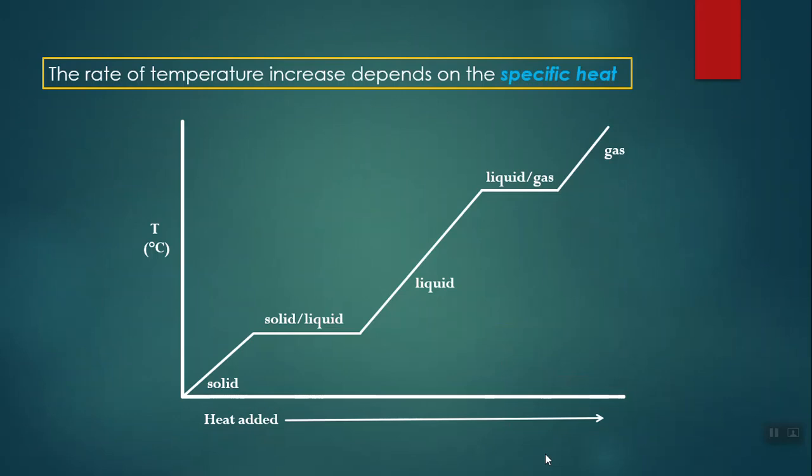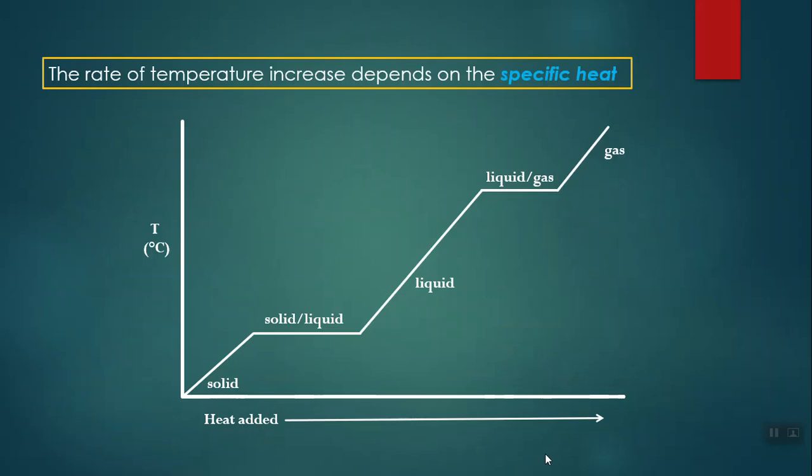Because if you remember, metals have a very low specific heat capacity, meaning that it doesn't need a lot of energy to raise 1 gram of a substance by 1 degree Celsius. It absorbs heat rather quickly and it cools down rather quickly, which is why we use them as conductors, right? And then water has one of the highest specific heat capacities, meaning water needs a lot of energy in order to raise the temperature, or even vice versa, to cool it down.